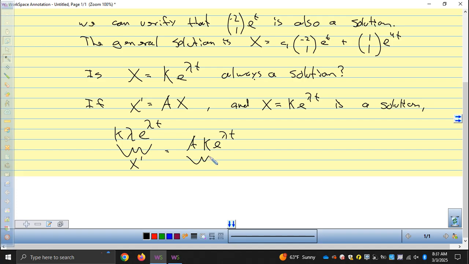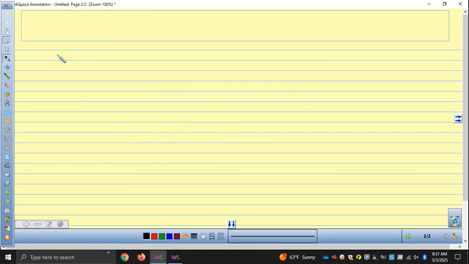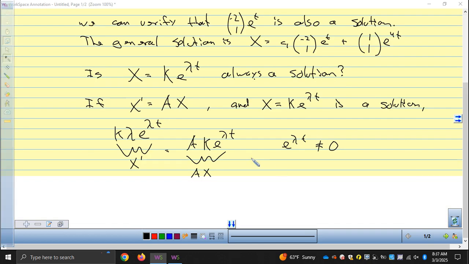This is Ax. And we know that e to the lambda t is not 0. So we can divide by e to the lambda t, and we get a matrix equation. So A times K equals lambda times K.